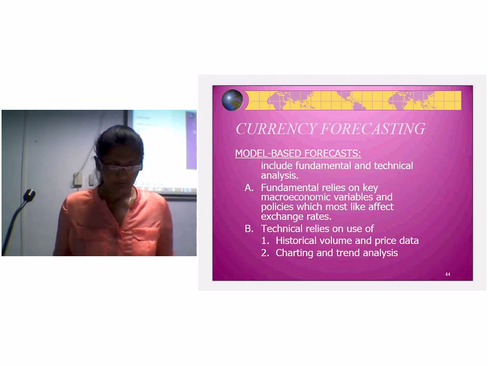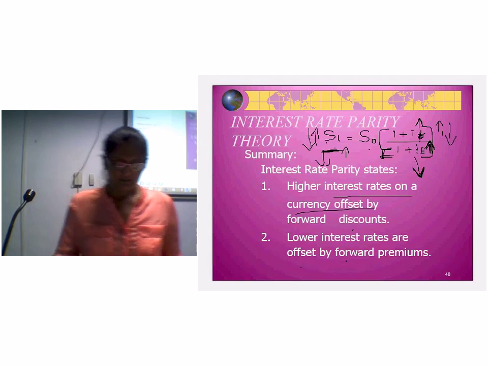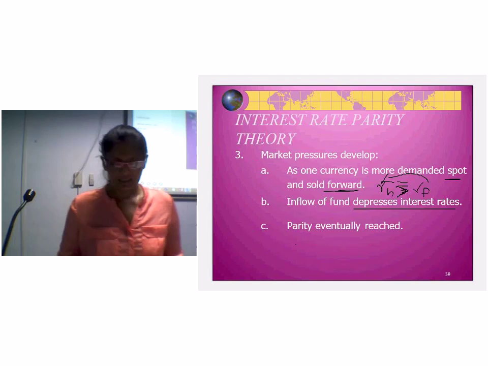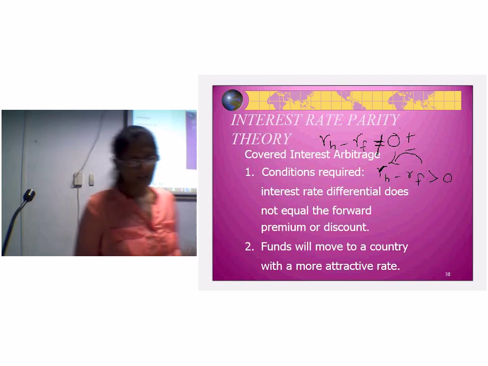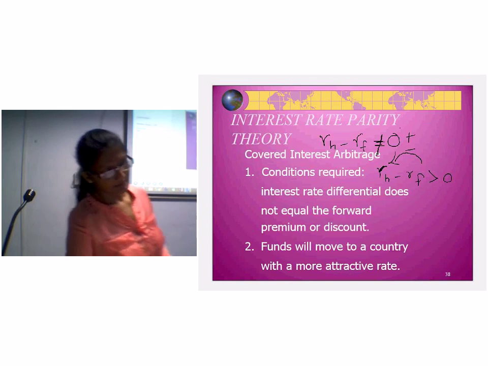What we discussed in this session: we covered purchasing power parity, interest rate parity theory, the Fisher effect and the international Fisher effect. We discussed why these parity conditions occur.